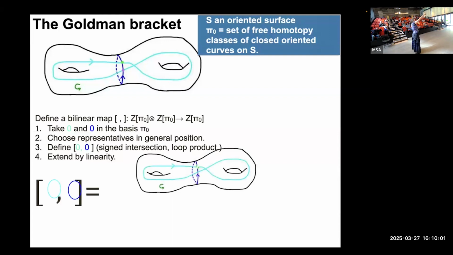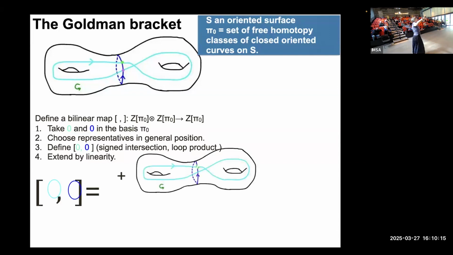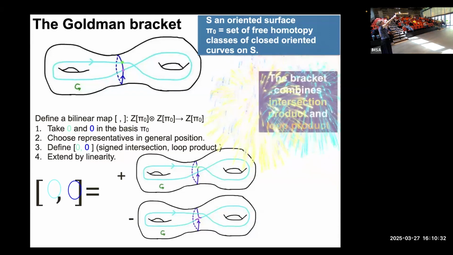Here I'm looking at first the term that corresponds to the green intersection point. And what you do there is you resolve the point, always following the direction of the curve. Same thing with the other, and you put a sign by comparing the two tangents of the two curves, that they are ordered, light blue, dark blue. You compare this with the orientation of the surface.